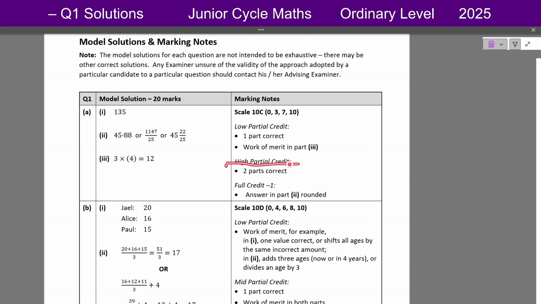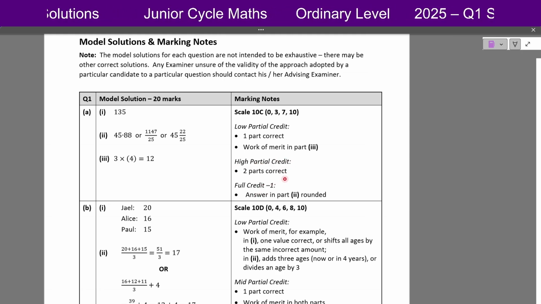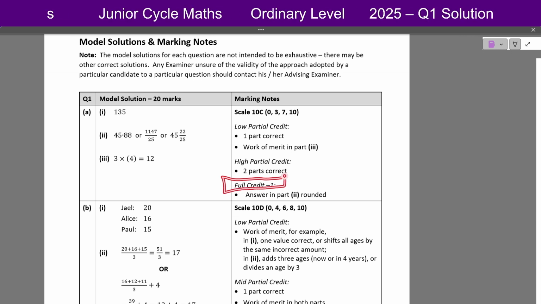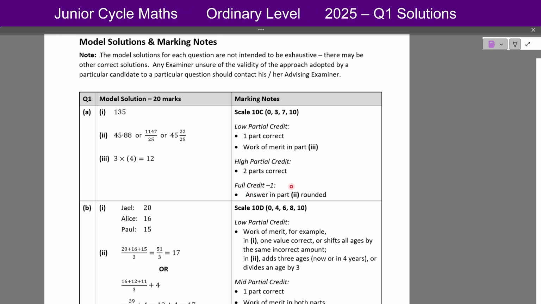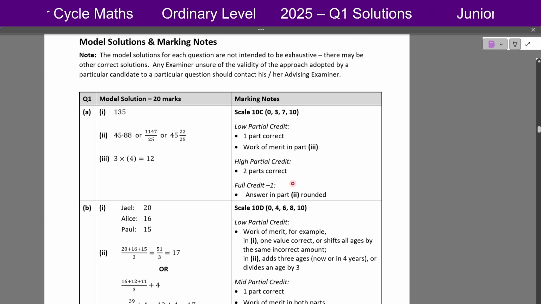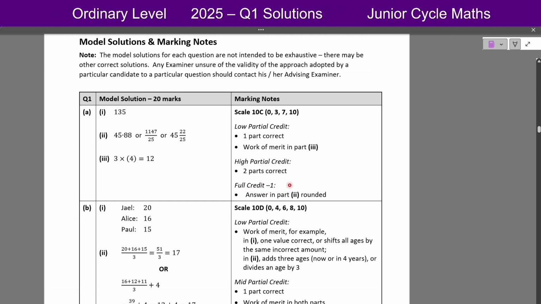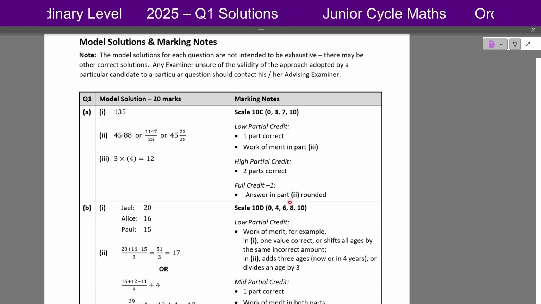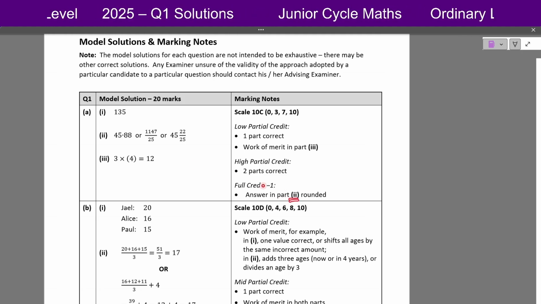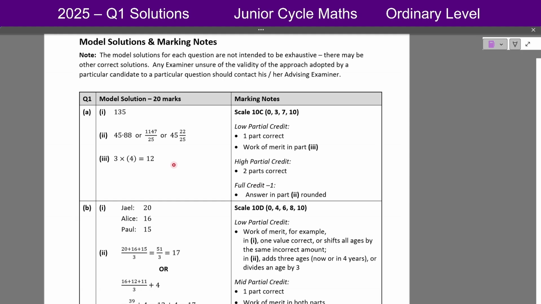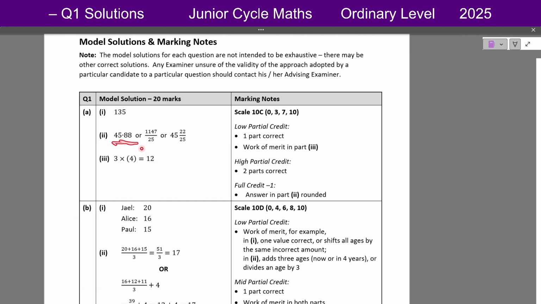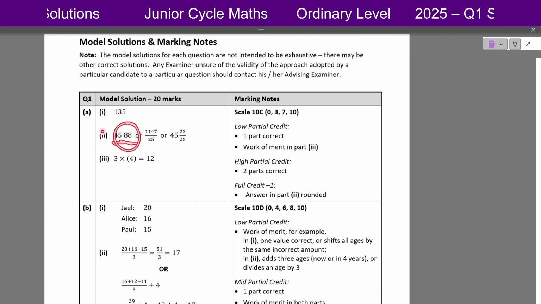High partial credit. And there is a special case here where we get 9, full credit minus 1. In that case, we give the answer of part 2 in rounded form. I mean, we have the fraction form and the decimal form.